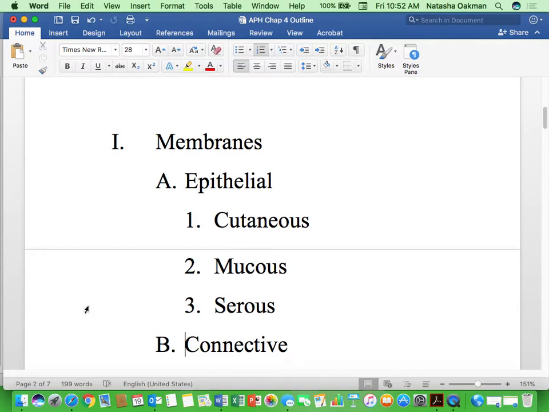Synovial membranes are made of soft areolar connective tissue and contain no epithelial cells.